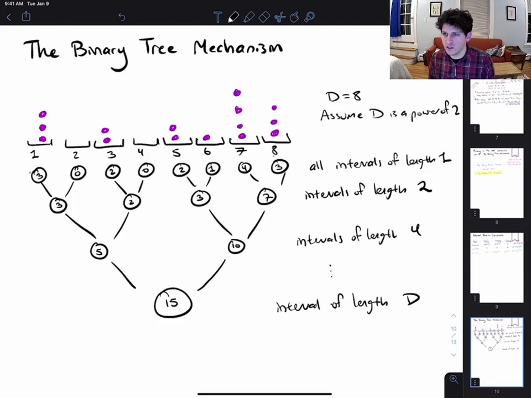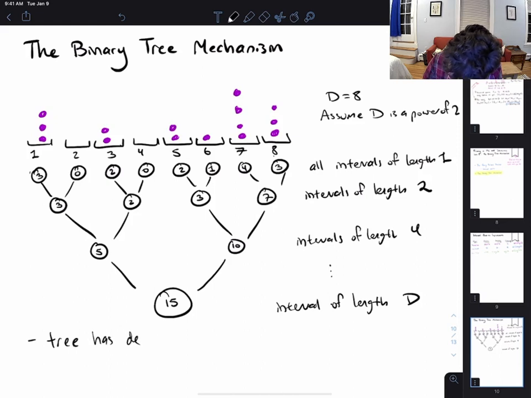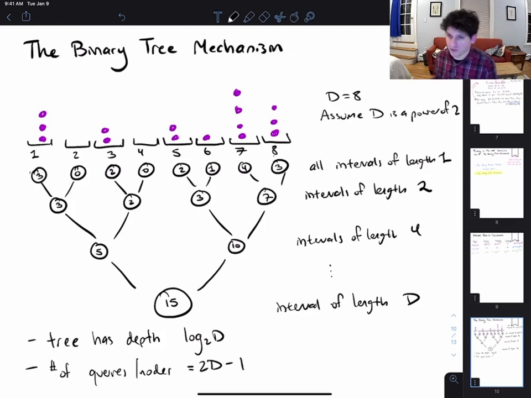If the domain size is d, this tree is going to have depth log base 2 of d. Okay, so the tree has depth log base 2 of d. The number of queries, or nodes in the tree, is, I think, 2d minus 1. Okay, so in this tree, there are 15 nodes.